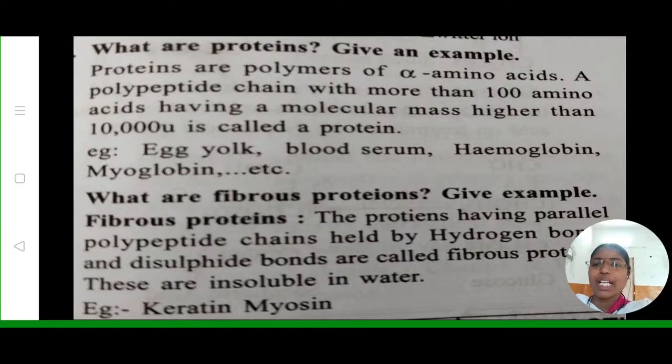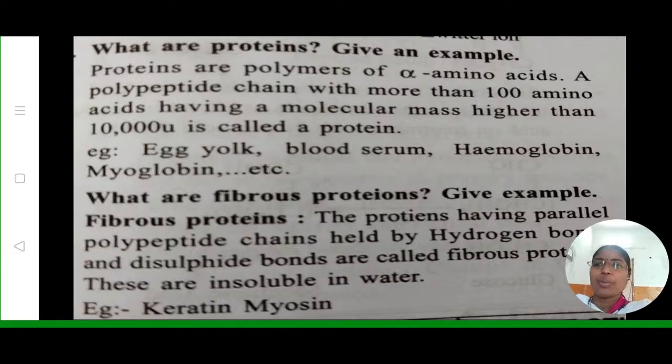These are insoluble in water. Examples of the fibrous proteins are keratin and myosin.